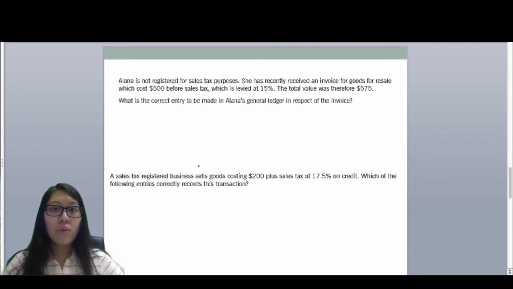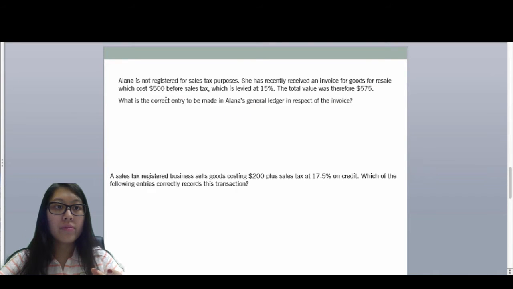Okay, so from this question itself, we should directly identify that she is not registered. So if a trader is not registered, that means we're going to have to include the sales tax amount in the purchase or selling price itself. So we're going to have to take the total value. In that case, for Alana, she's going to have to debit purchases by $575, and let's take another look.